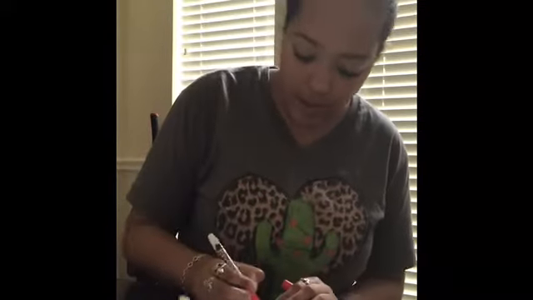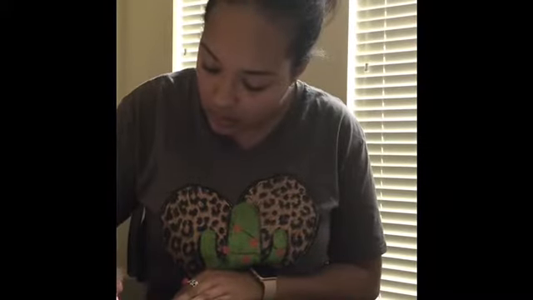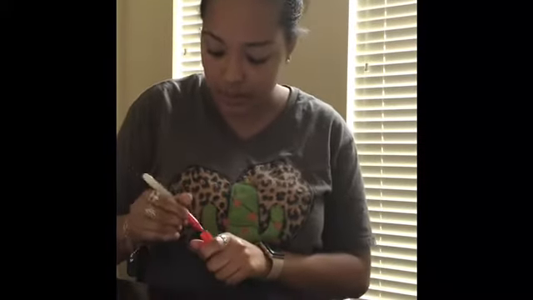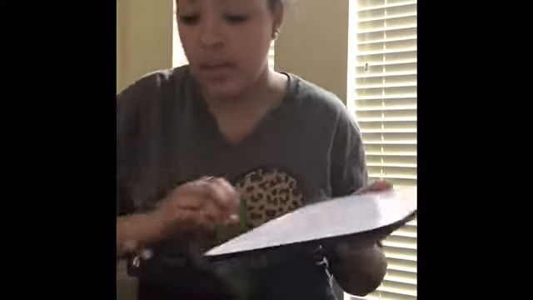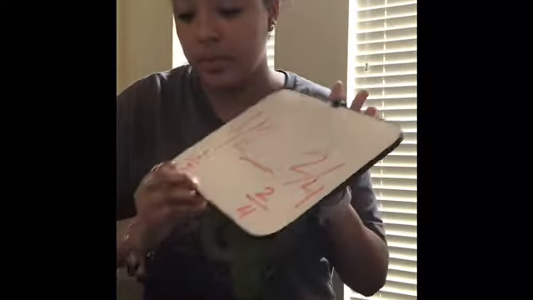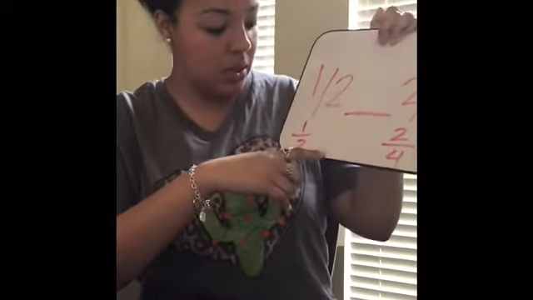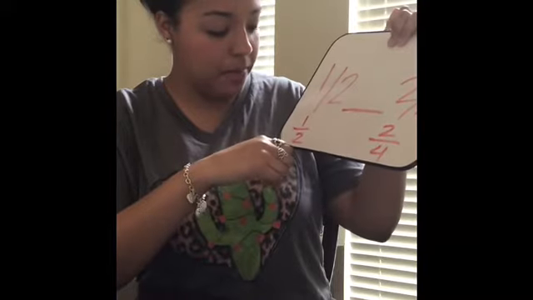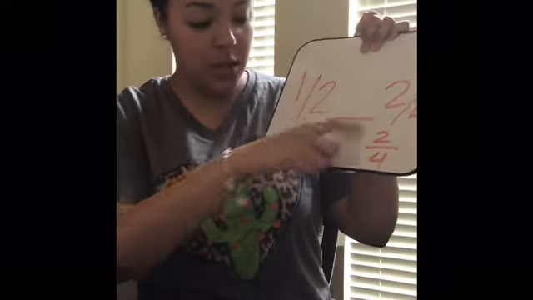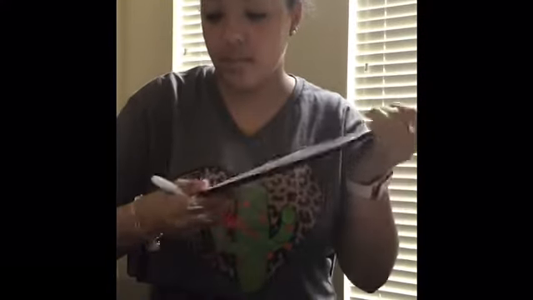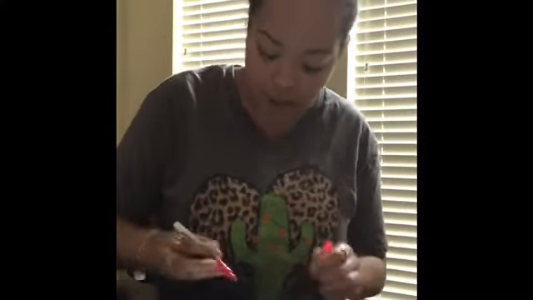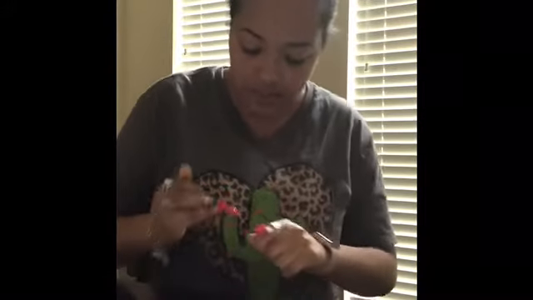I'm going to write it vertically to make it easier to multiply, or whatever you come up with. Okay. What did you do to get from 1 to 2? What could you do? Multiply. You can multiply 1 times 2 to get 2.